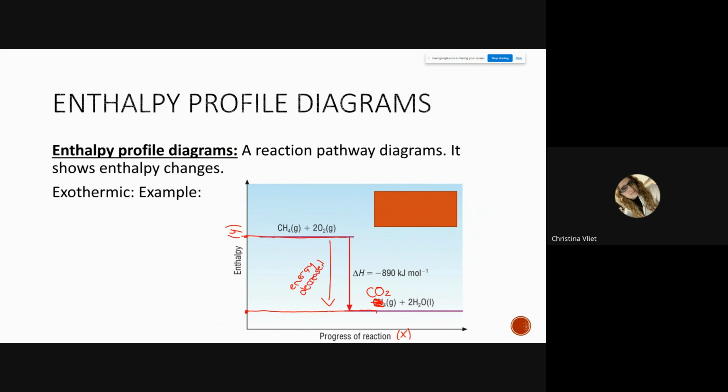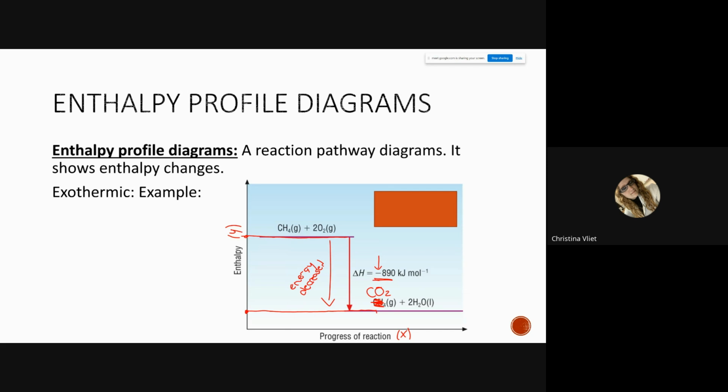You're being told here exactly negative 890 kilojoules per mole of methane. And so what this indicates is that the negative sign doesn't mean that you have negative energy, to be clear. The negative sign tells us that the energy decreases for what's in the system and that it's leaving to the surroundings.